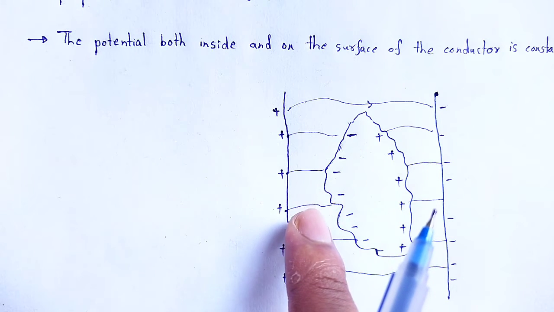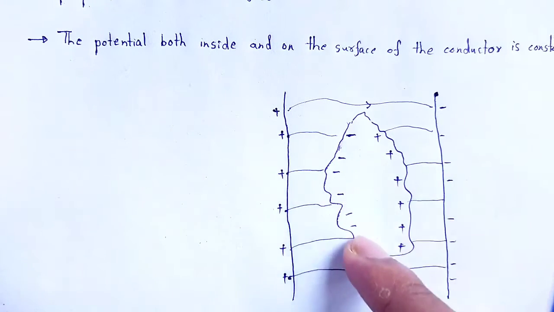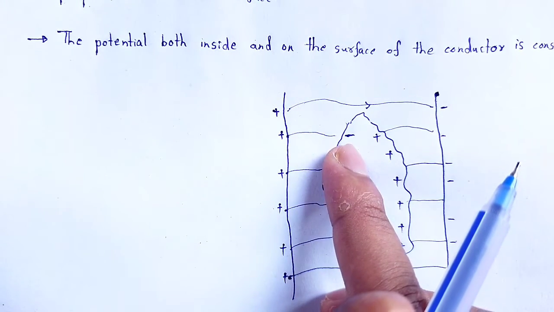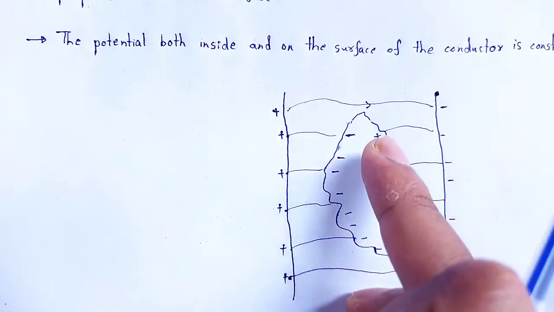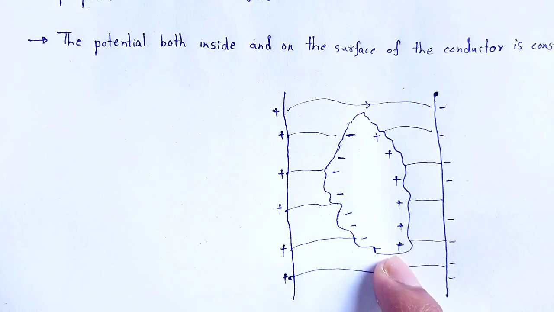Hence it produces induced negative charge at one end and induced positive charge on the other end of the surface of the conductor.